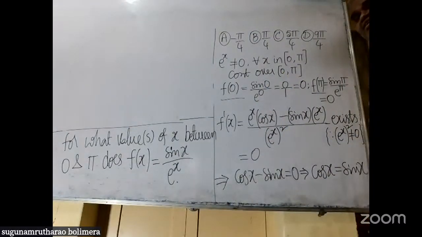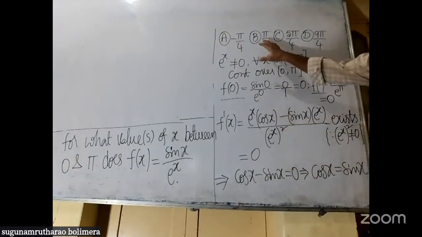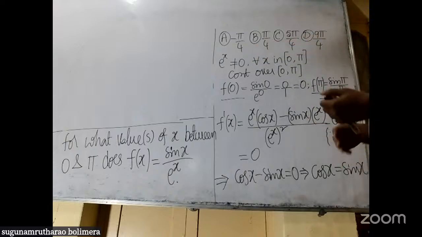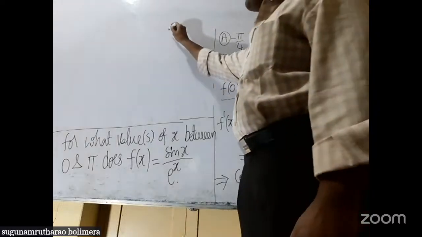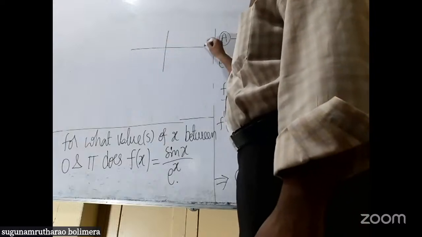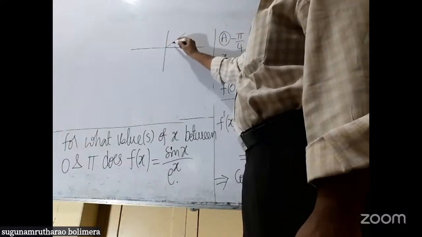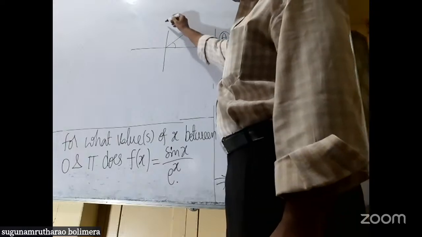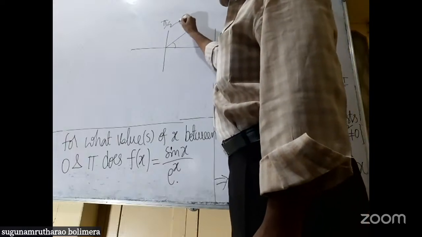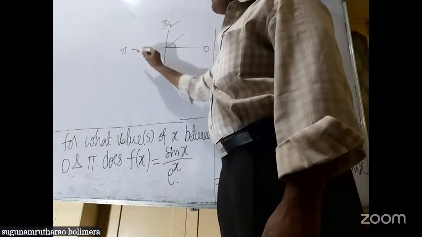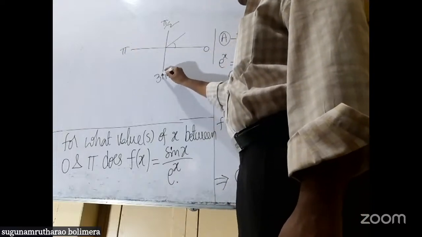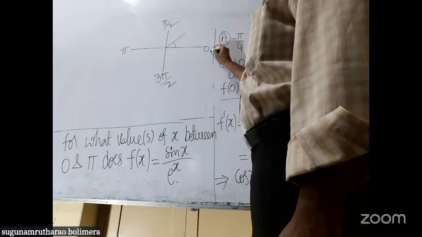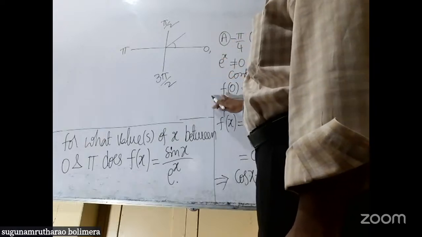See, actually here, I'll give you the explanation for all of this. pi by 4 means it is in the first quadrant. This is 0, pi by 2, pi, 3 pi by 2, and this is 2 pi.